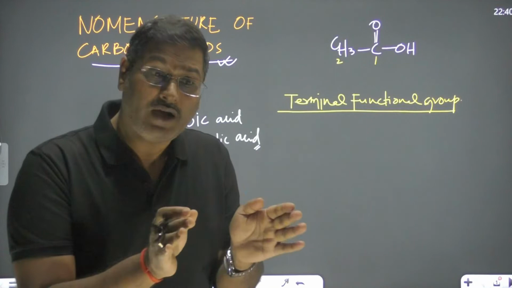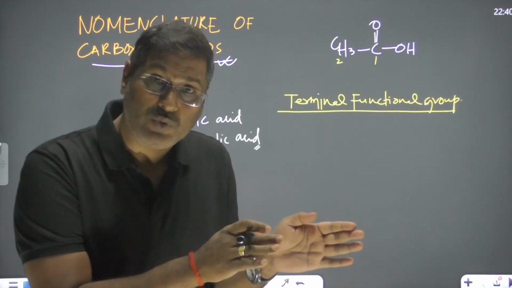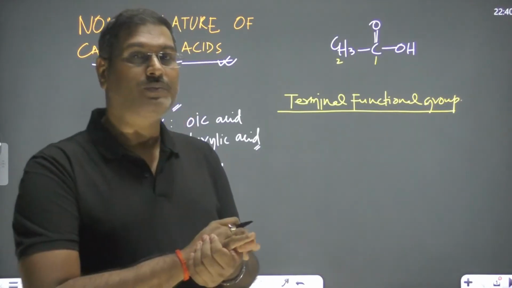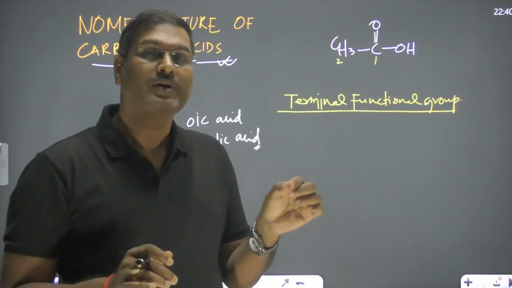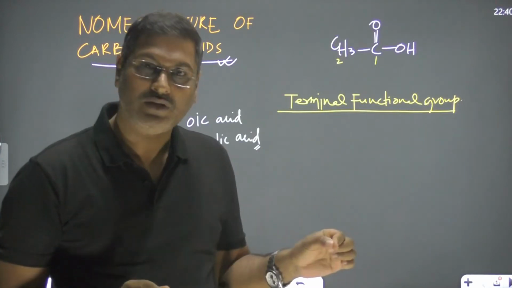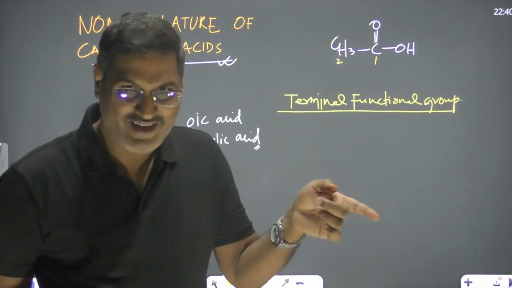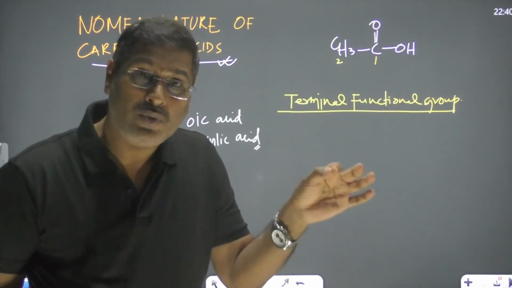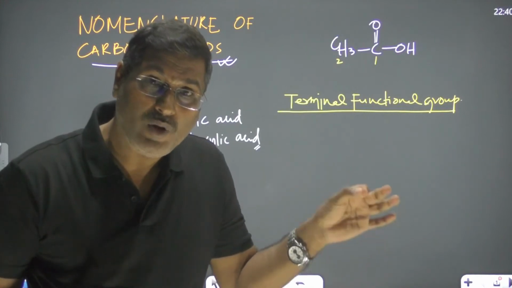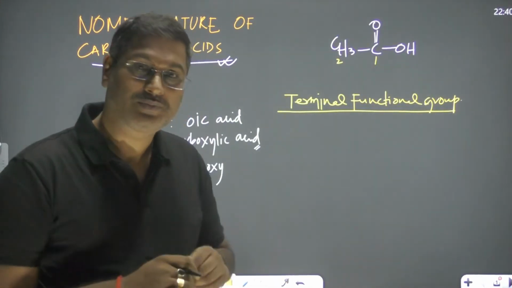All these are carbon containing terminal functional groups. So whenever these functional groups are present, the carbon chain usually starts with the carbon atom of these functional groups.